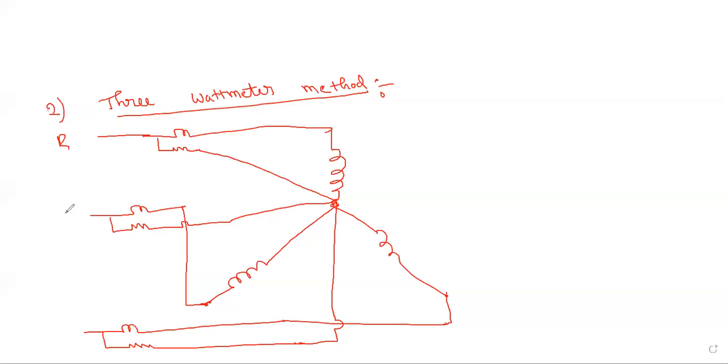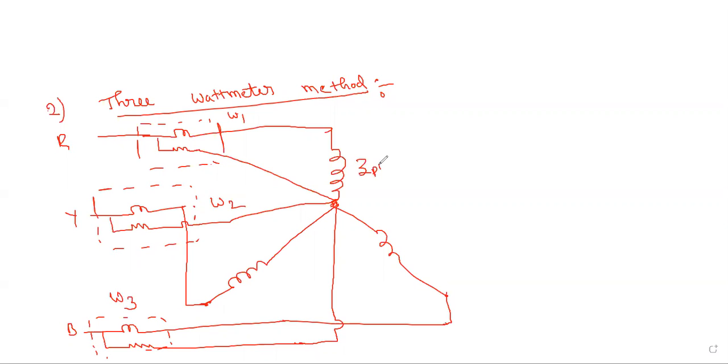So this is R phase, Y phase, and B phase. In each phase, we insert one wattmeter: W1, W2, and W3. These are the impedances per phase, Z phase R, Z phase Y, Z phase B. Now what is the total power in this circuit?